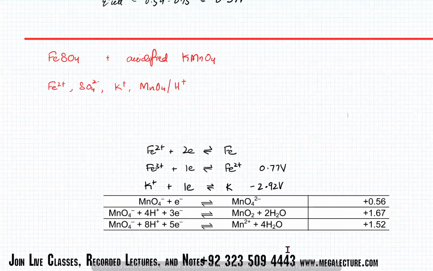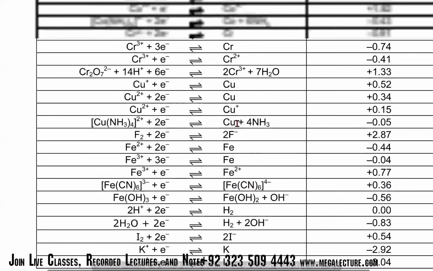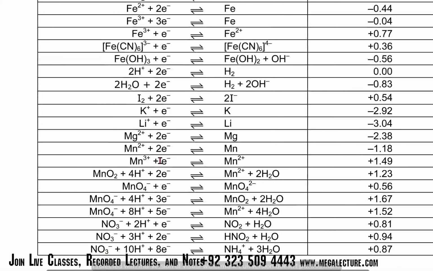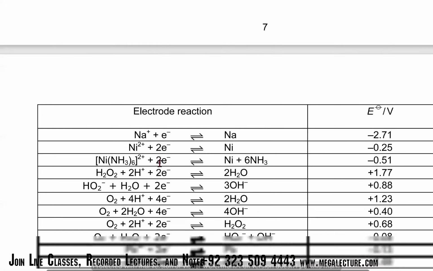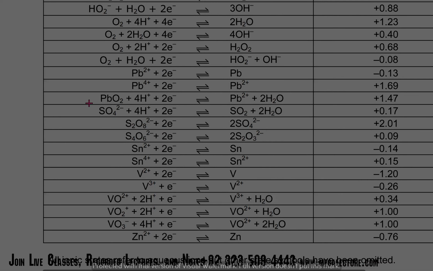SO4 2-. I'm going to try and find equations for SO4 2-. So where is SO4? Something happening to SO4 2-. It's alphabetical, so S would probably be on the other page. I found 2 actually.